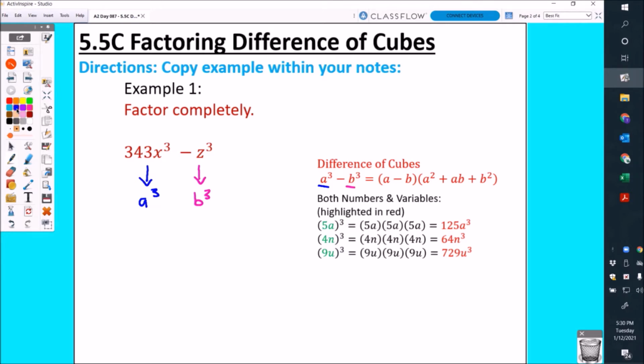All right, so for the first term, we have to figure out what multiplied by itself 3 times will equal 343x to the third.